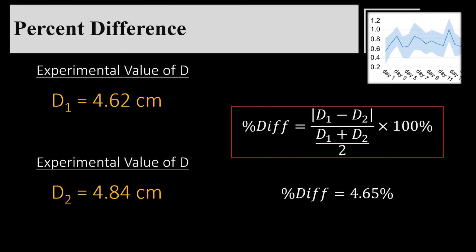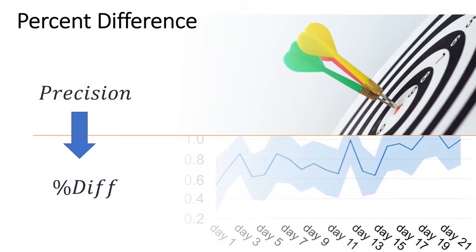Now, if you are the one that did the two measurements, then you can use this to show how precise your data is. So this can be used as a measurement of the precision of your experimental data. Now, the precision is how close your data are to each other, or how reproducible your data or your result is.